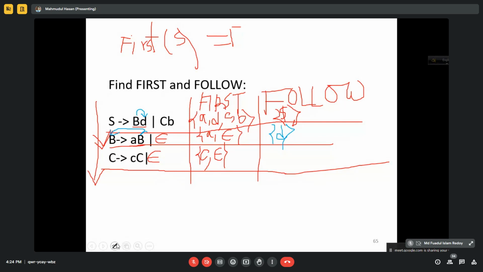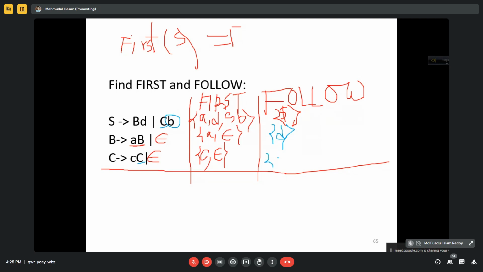Hope if you practice more, then this concept will be clearer. Now I am going to find follow of C. There is this C and this C in the right hand side. After this C, there is B, and B is terminal. So B will be the follow value.